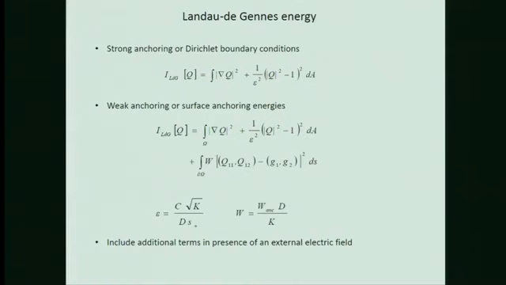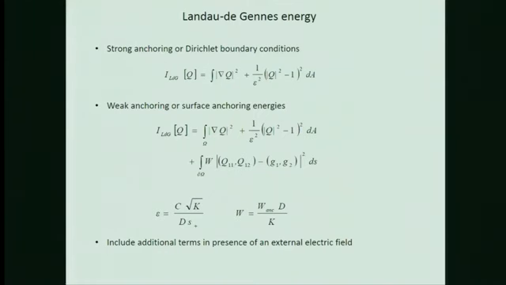It depends on temperature, but a lot of our simulations are for fixed temperatures, a low temperature well below the nematic isotropic transition temperature. So epsilon is typically very small in our simulations, and in the Dirichlet case or the strong anchoring case, we're really just computing local minimizers of this fairly straightforward Landau-de Gennes energy functional with just these two separate contributions.